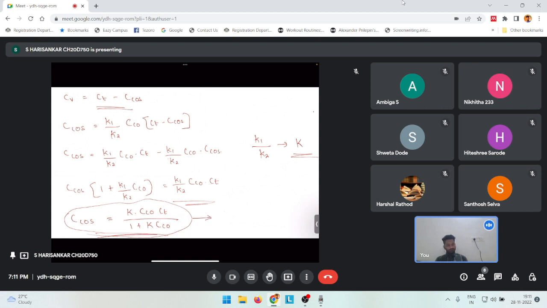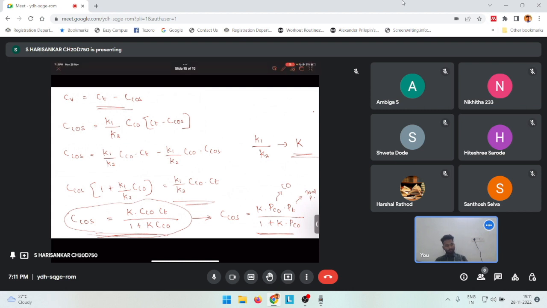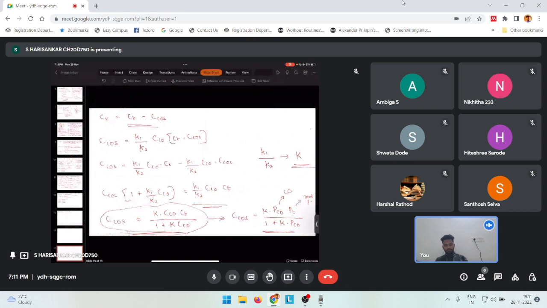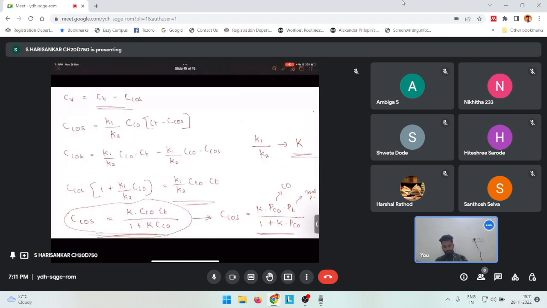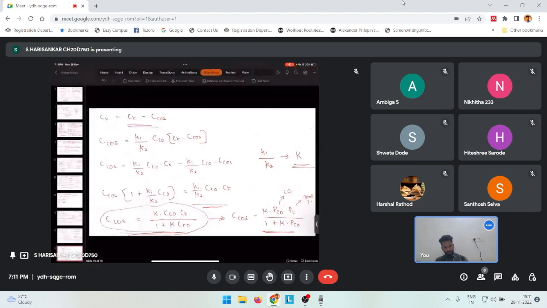CCOS will be K into PCO into Ct by 1 plus K into PCO, where PCO is the partial pressure of CO. Actually, that is inaccurate.